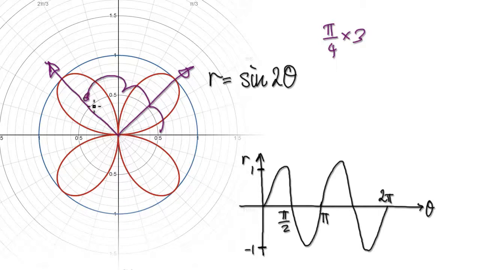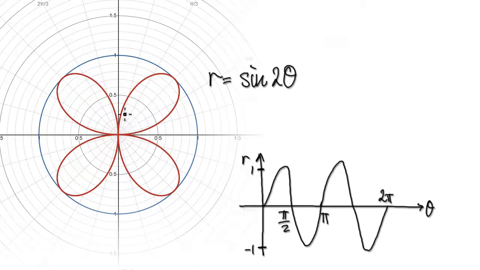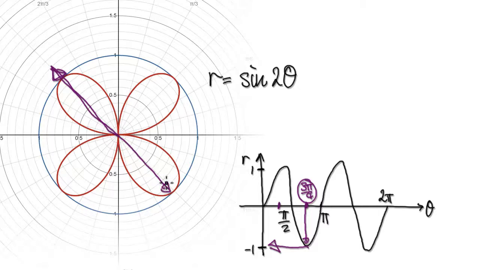So this angle here is 3 pi over 4. When you're at 3 pi over 4, which is right here, the radius is actually -1. So when you're facing in this angle here, the radius is -1. That means you're actually here, because this is a positive radius.